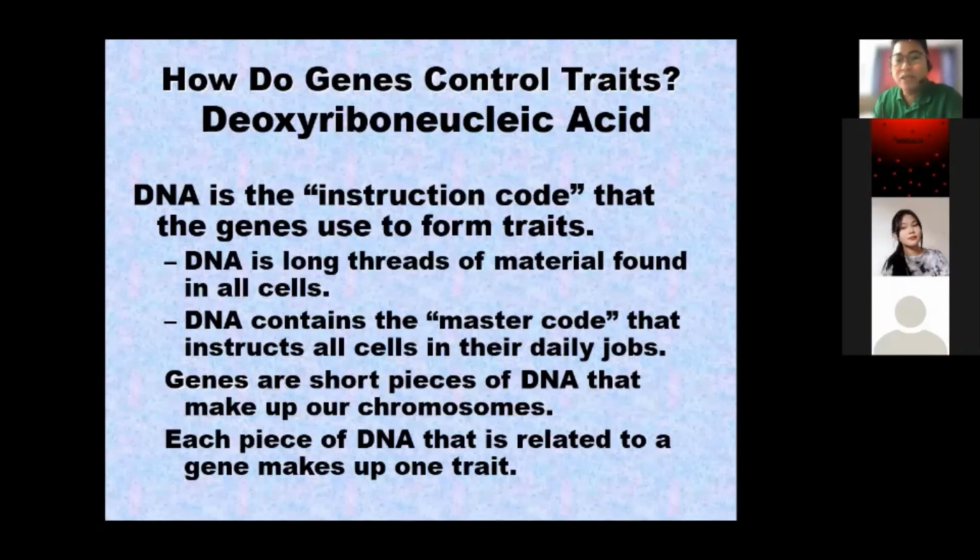Ayan. So, genes are short pieces of DNA that make up our chromosomes. So, each piece of DNA that is related to a gene makes up one trait. Ayan. So, hindi ibig sabihin na isang DNA strand siya, isang gene lang siya. Ibig sabihin, madami siyang compilation ng gene. Parang ano siya, parang file cabinet. Ayan. Parang file cabinet of genes ang ating DNA.